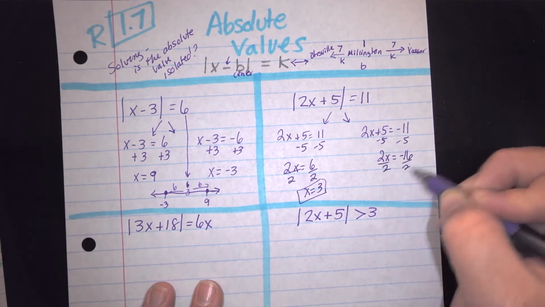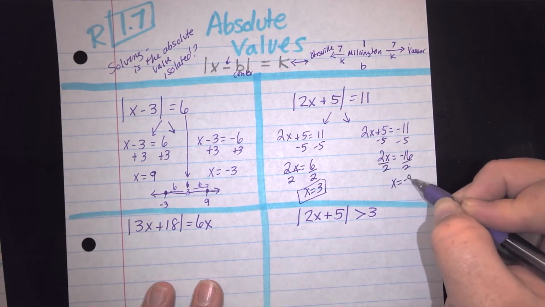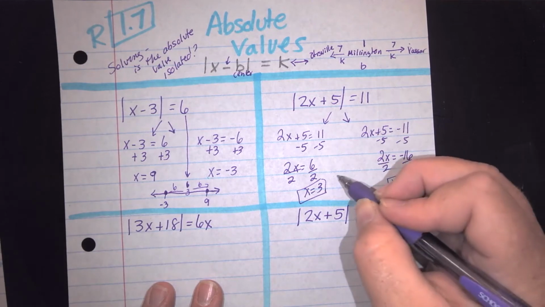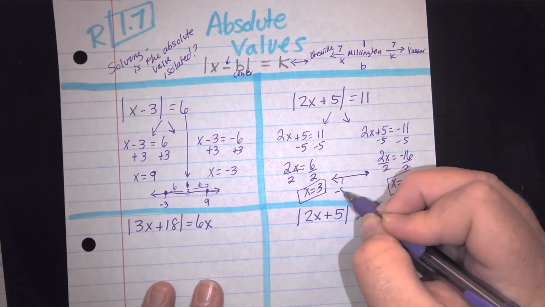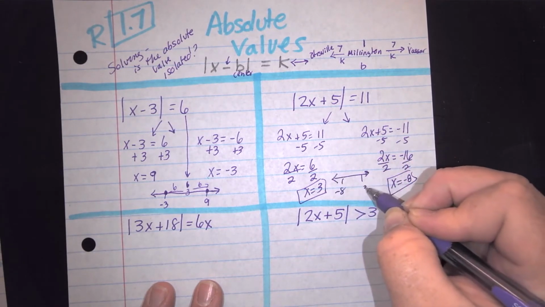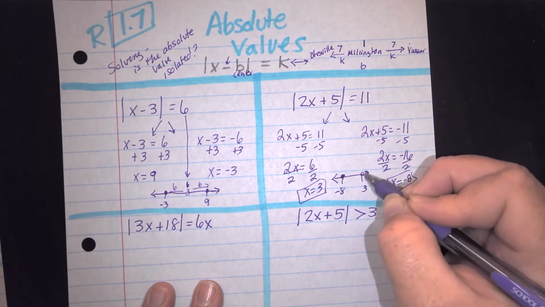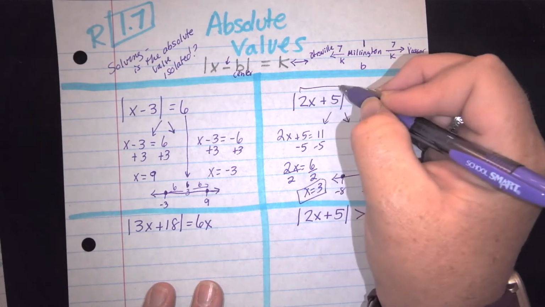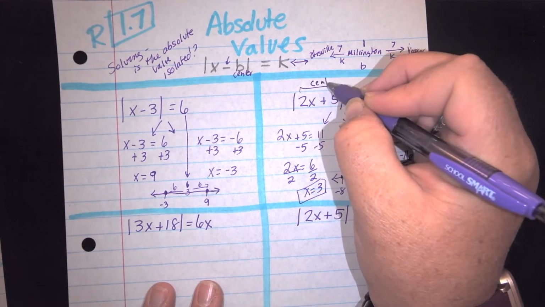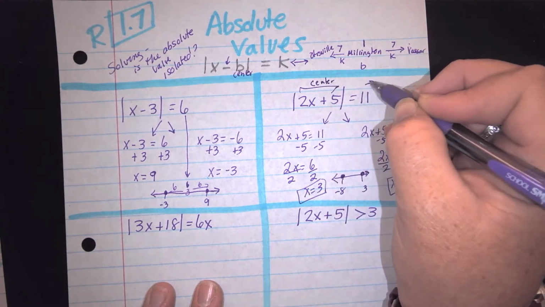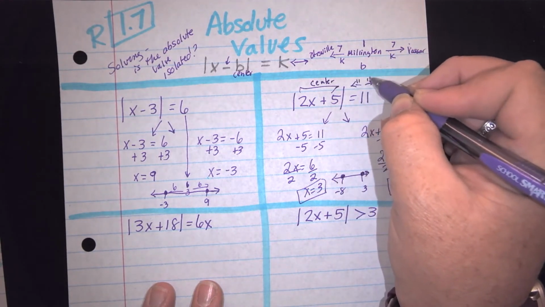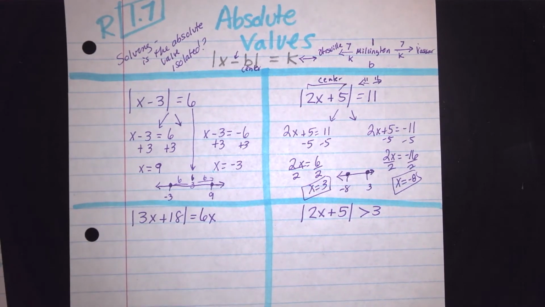Divide by 2, and x is a negative 8, which is okay. And what I meant by okay is that you can have a negative and a solid dot here and a solid dot here. Now it's a little bit harder to see the center, isn't it? But I know that I would be going 11 either way. Okay?